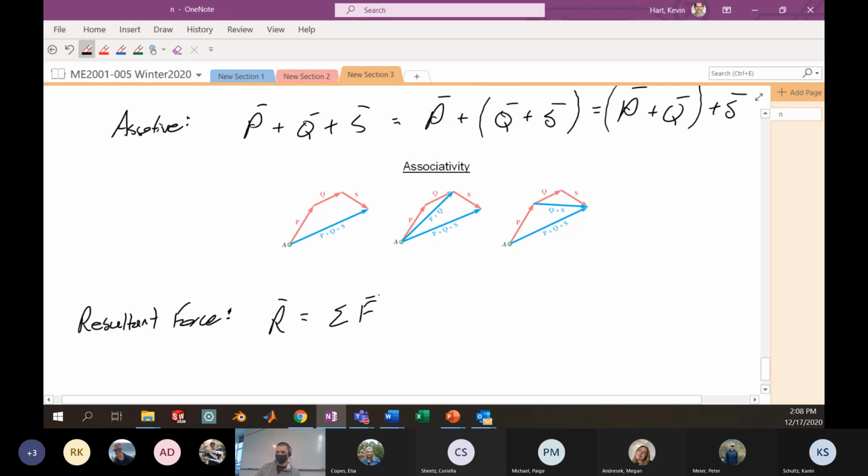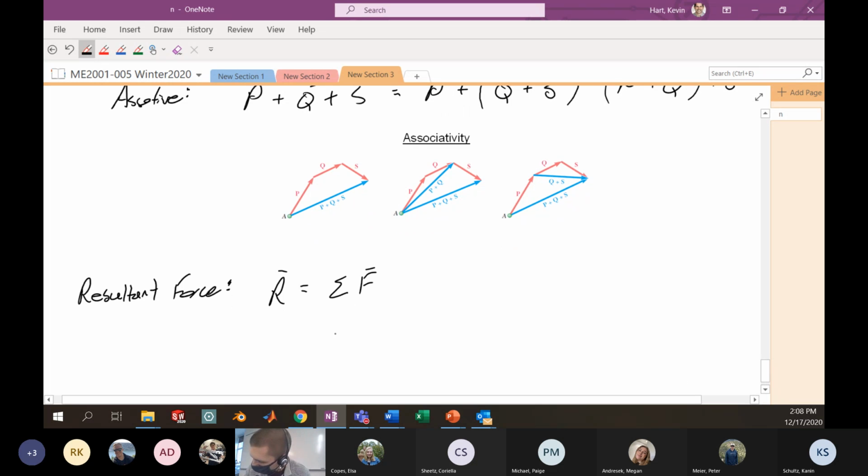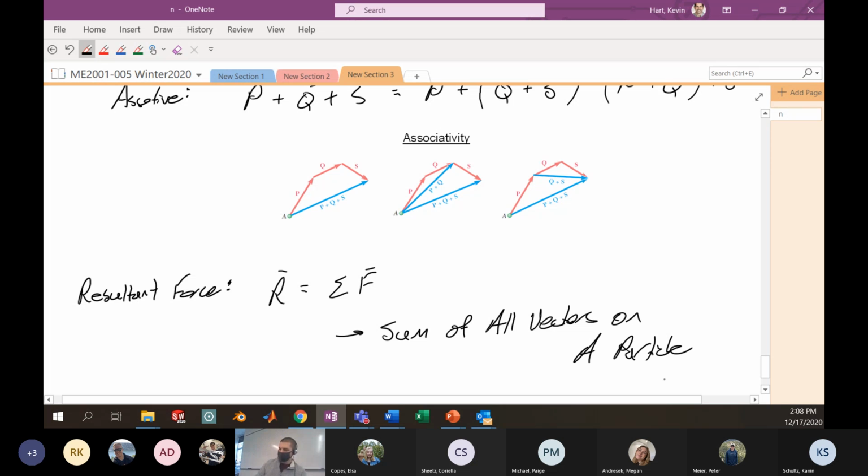Here I'll just say it's a summation of some force vectors, but generally it's a summation of all vectors. Or the resultant is a summation of multiple vectors that are adding at a particular point. So in this figure above, you could think of this P plus Q plus S as a resultant vector R.